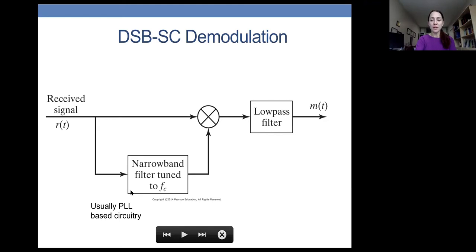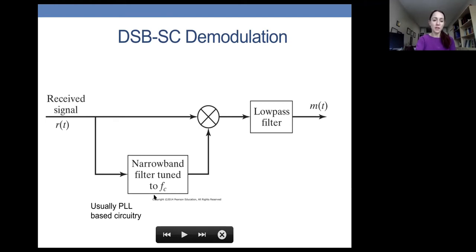This is done using a structure called a phase lock loop, PLL. It is a feedback system. It's essentially a control loop that we will go a little bit into the details of later on in this class.